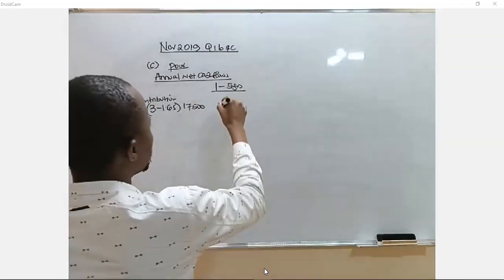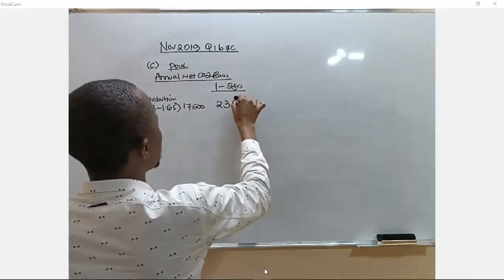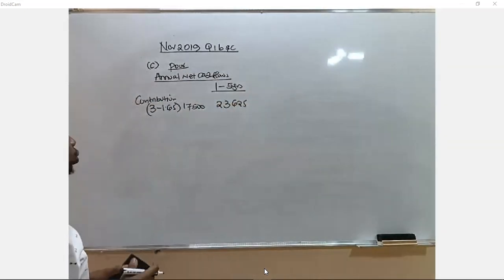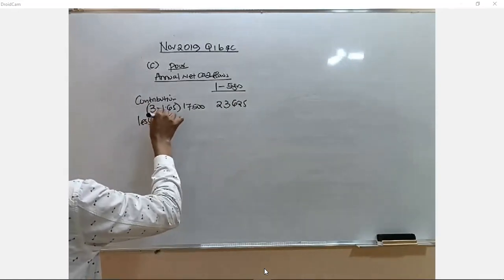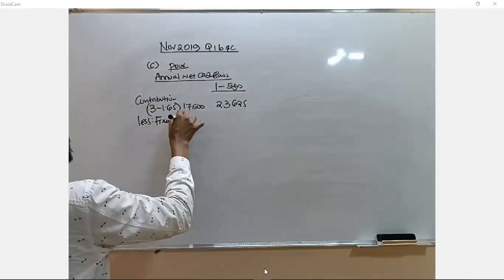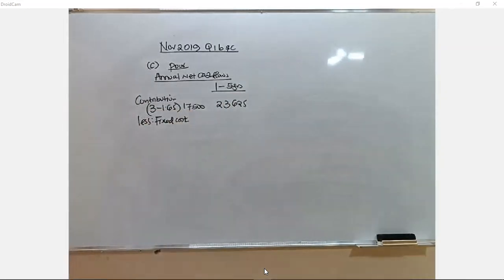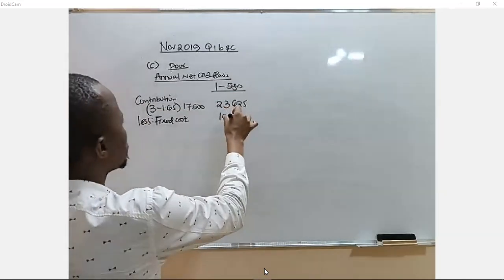I'm getting 23,625. That is my total contribution. Then we subtract our what? We subtract our fixed cost. We less our fixed cost. So our fixed cost will be, the fixed cost still remains at 10,000, right? The fixed cost remain at 10,000.